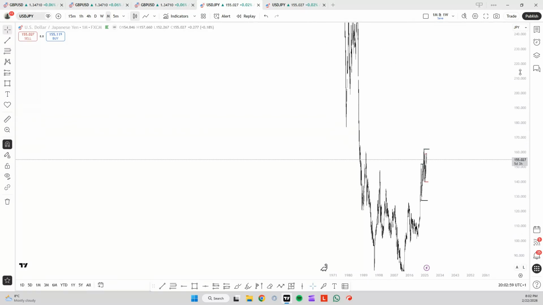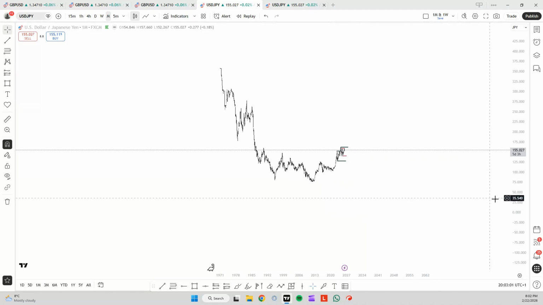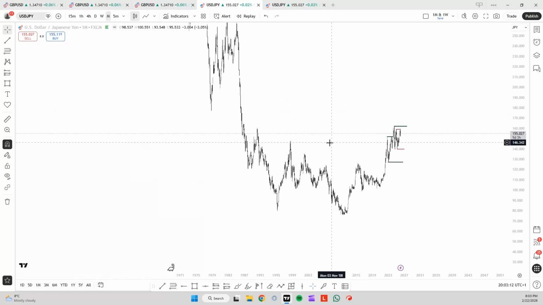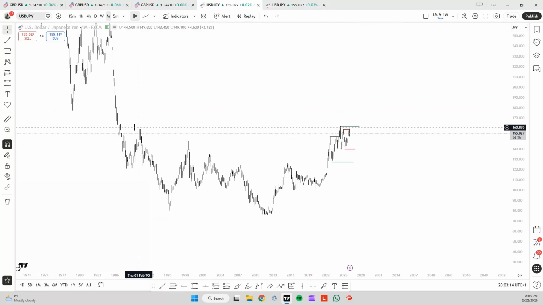Not that it's this relevant right now, but I see that all the liquidity has been taken from those highs, and eventually from this high. Then there's this big gap, and we see a little accumulation.